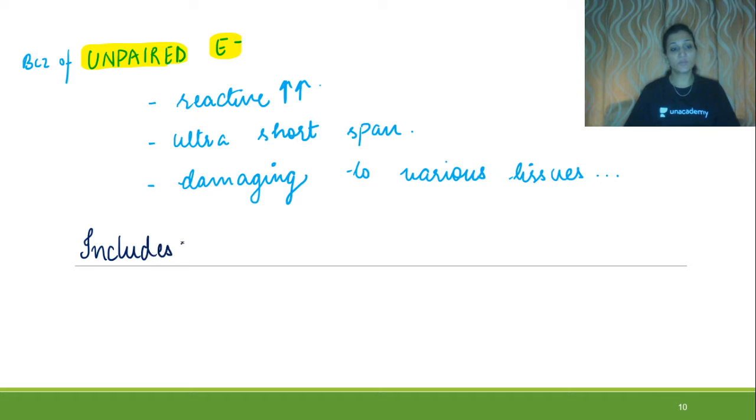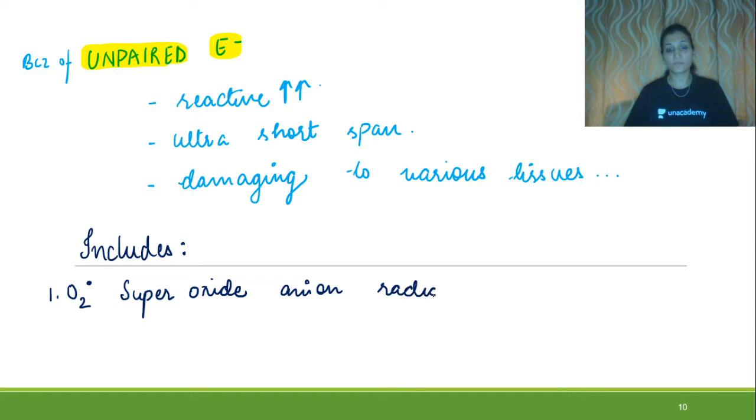It includes certain species. The first one is O2, and they are always denoted by this superscript dot, right? This O2 is called the superoxide anion radical.